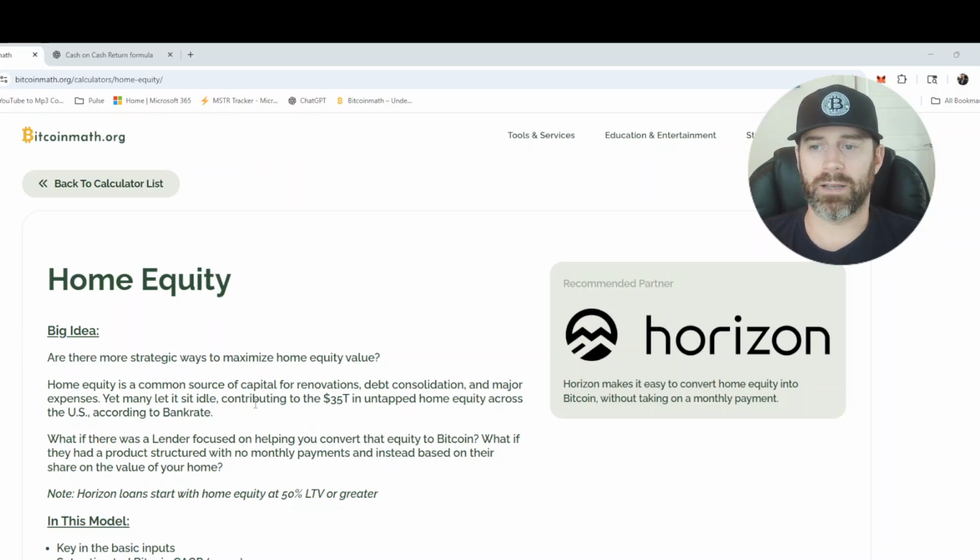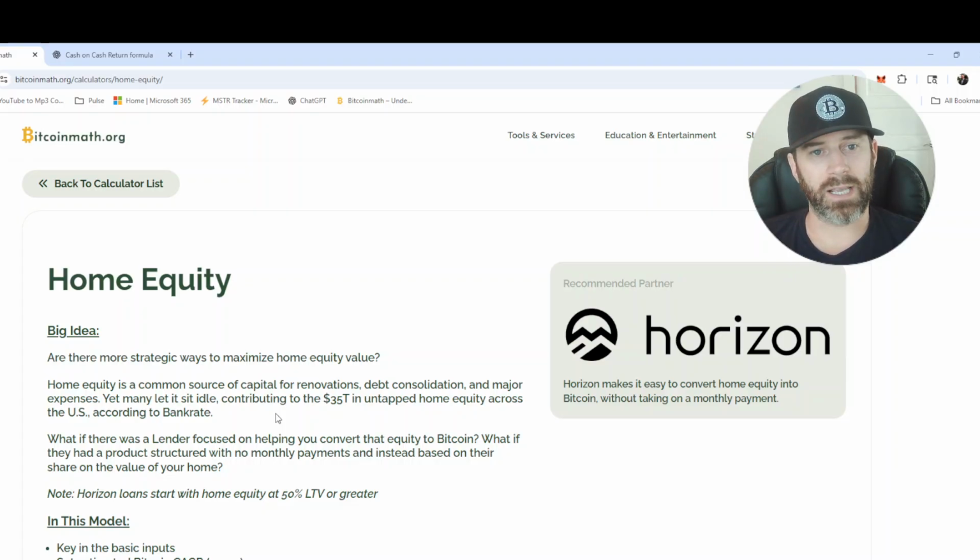The big idea here is there is roughly 35 to 37 trillion dollars across the United States sitting in home equity. And I get people asking me all the time, how could I convert my home equity into Bitcoin without taking on a monthly payment?